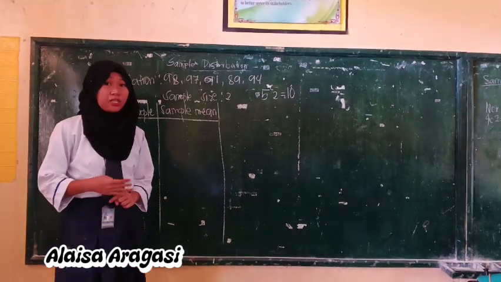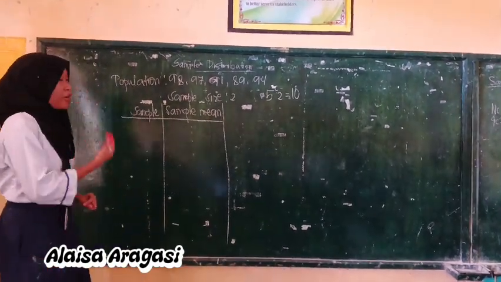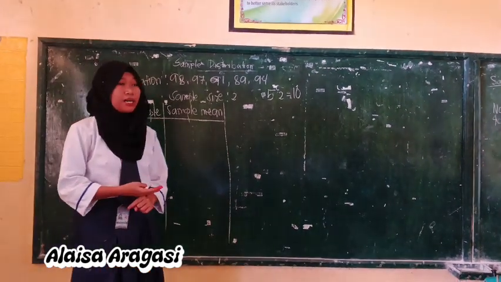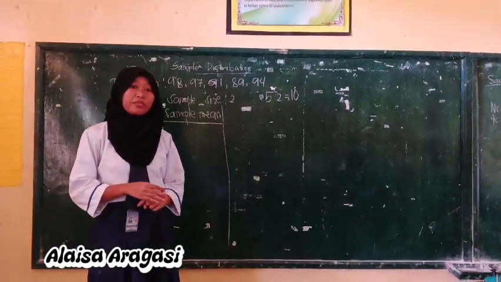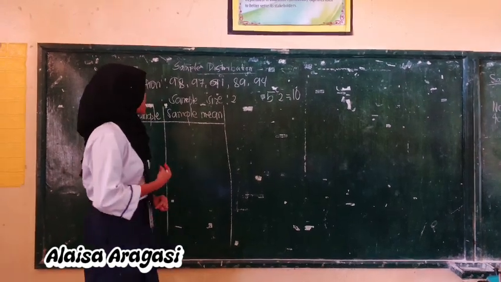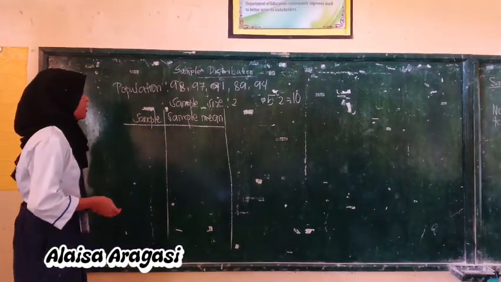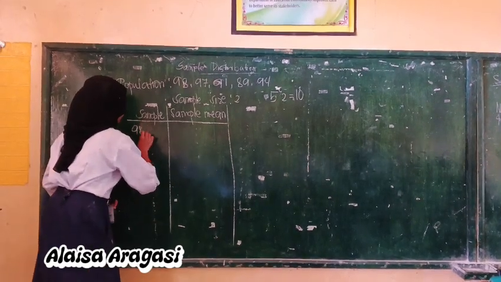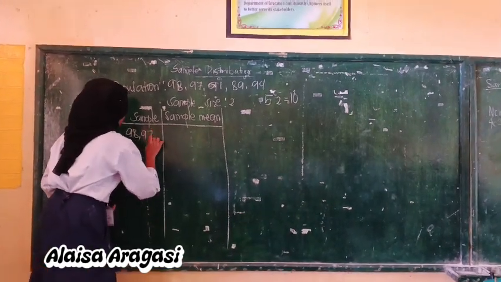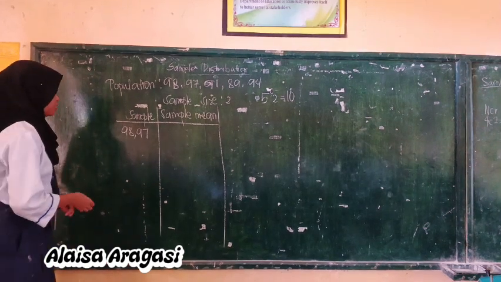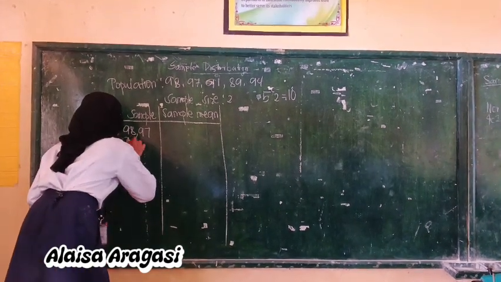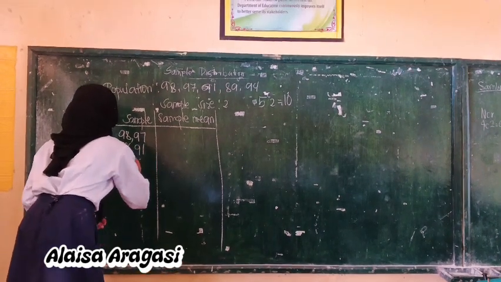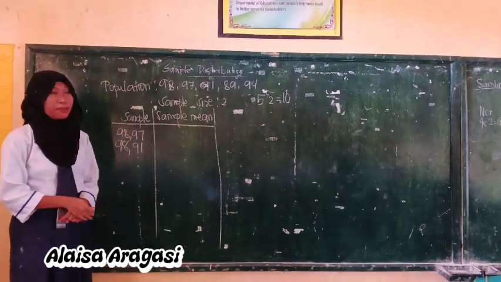But before you list the samples, be careful because repeating of numbers matters in sample distribution. So let's start. The first one is 98, 97. So I will write all the 10 possible outcomes.